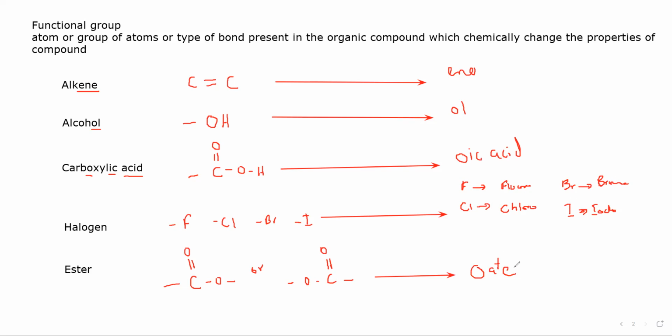So basically, what is a functional group? A functional group means when an atom or group of atoms or type of bond present in an organic compound chemically changes the properties of the compound. There are many functional groups. One of them is amine as well.